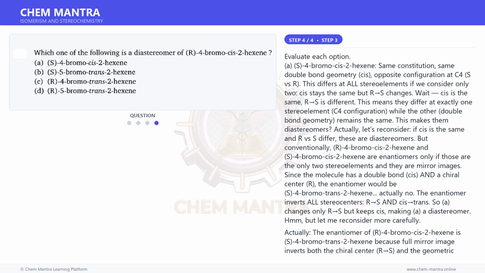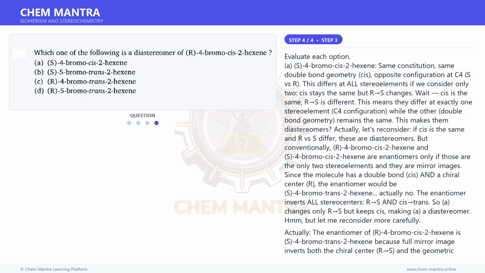Option C has the same constitution as the target, same chiral center configuration, R, but different double bond geometry, trans versus cis. These are stereoisomers that differ at one stereoelement, the double bond geometry, but are identical at the other, R configuration. They are not mirror images of each other.